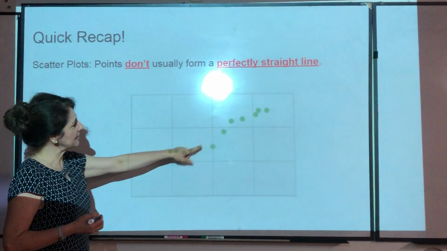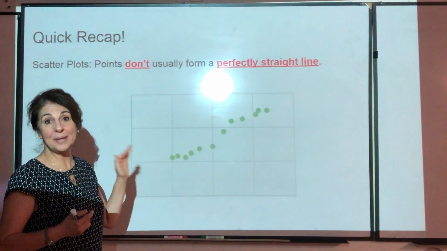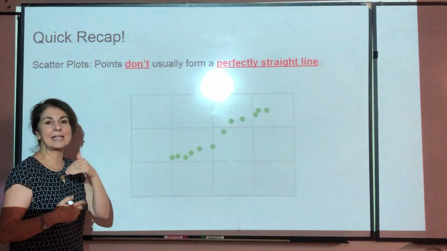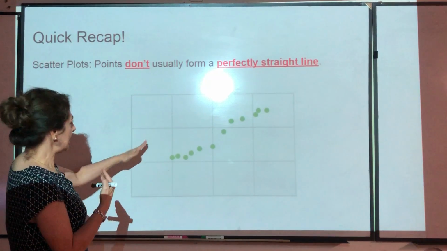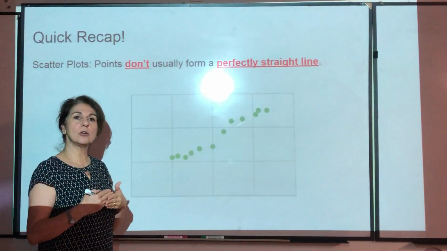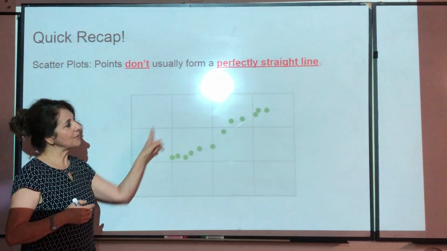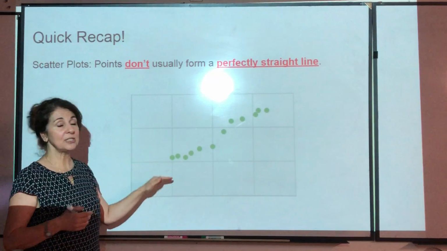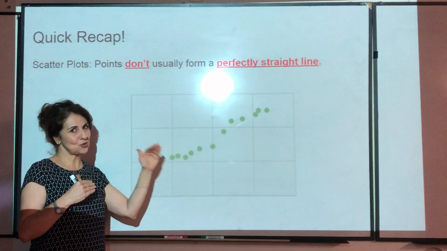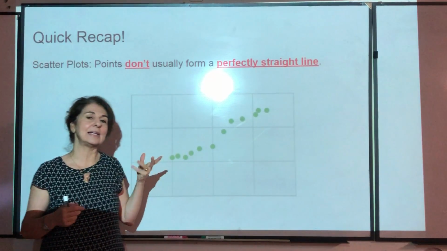So you see all this information here is not forming a perfect line, but we can still make conclusions about some points and the data that we have. Now we're going to see how to take all these little dots that are not in a straight line, get the best information, and make a line from them.